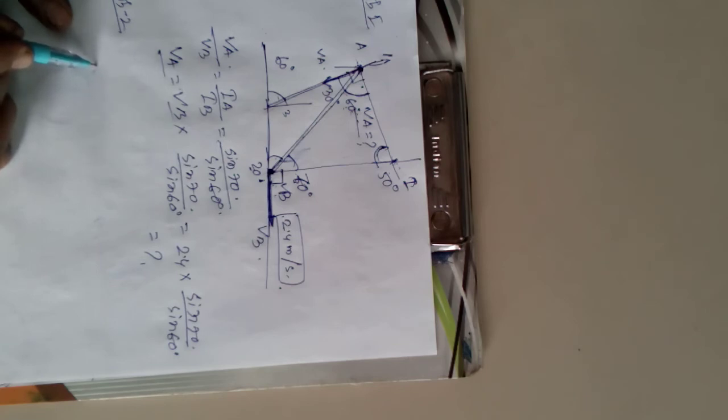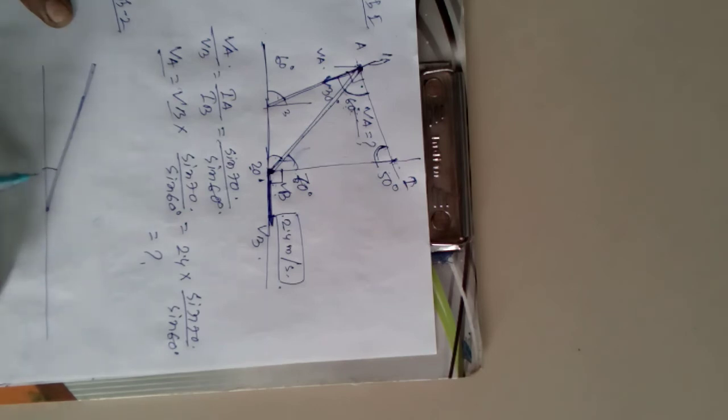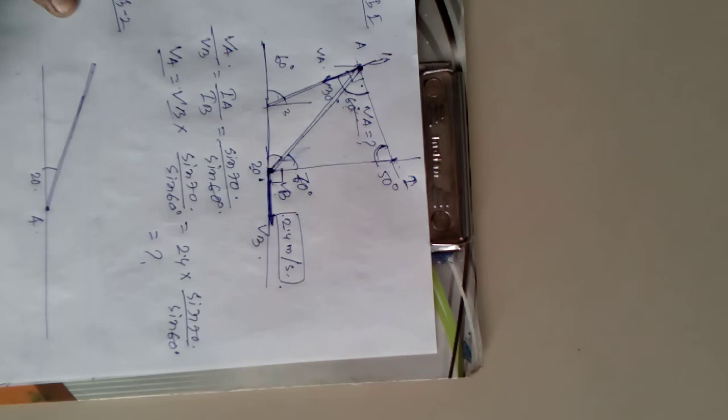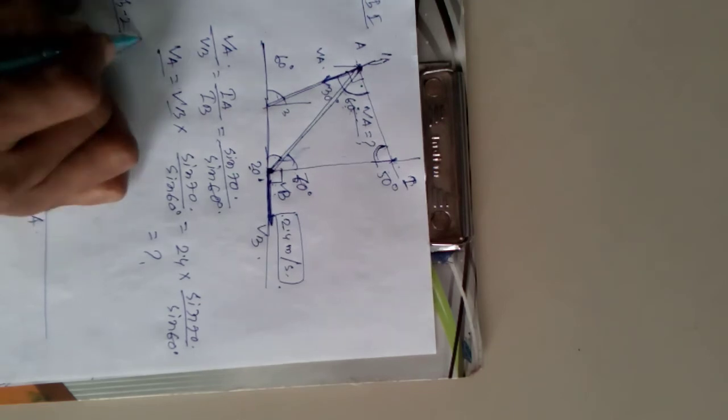Now the question is, a rod which is at 20 degree with A, and the direction of this point is 45 degree.